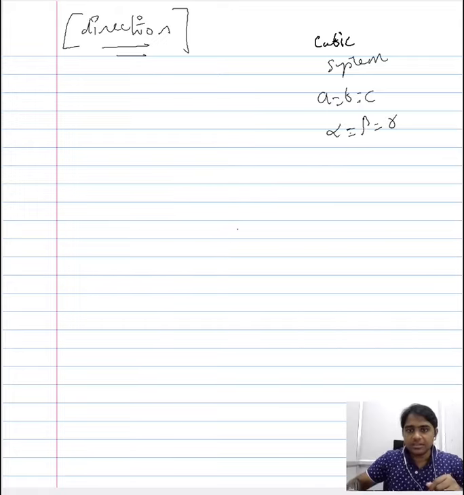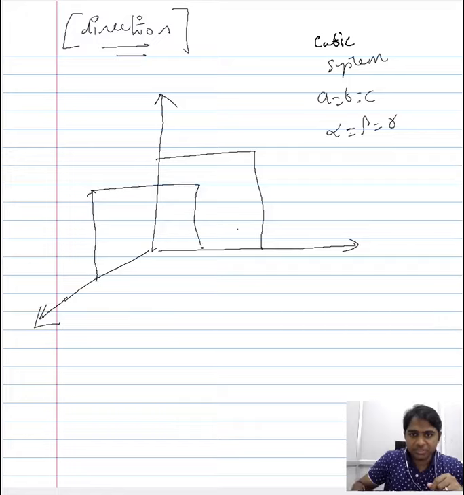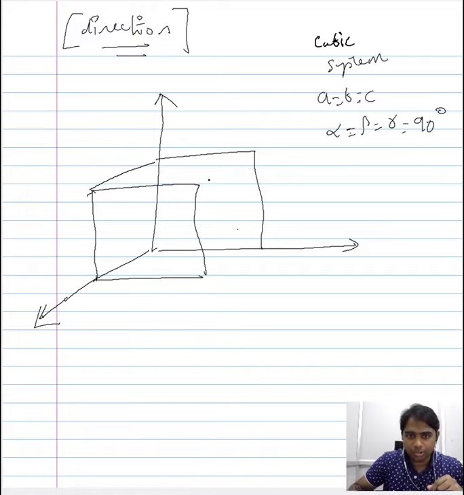So ultimately the unit cell that we have been considering so far would look something like this. This is our frame of reference or the principal axis, and the lengthwise dimensions are equal and the angular dimensions are equal to 90 degrees. So ultimately you would have a cube.